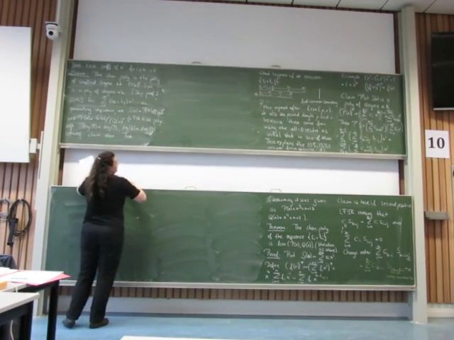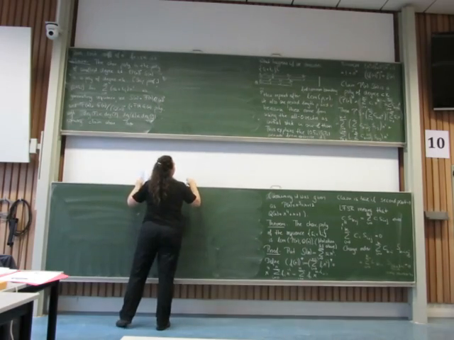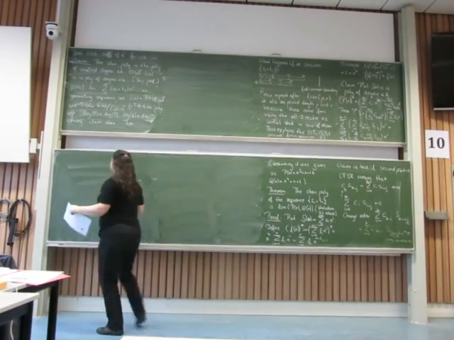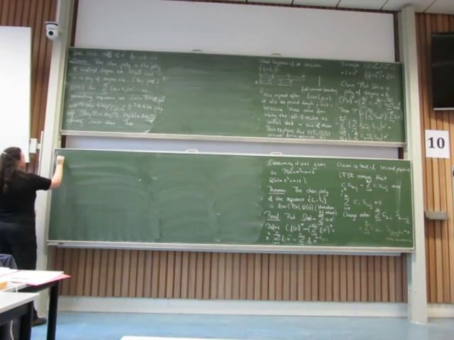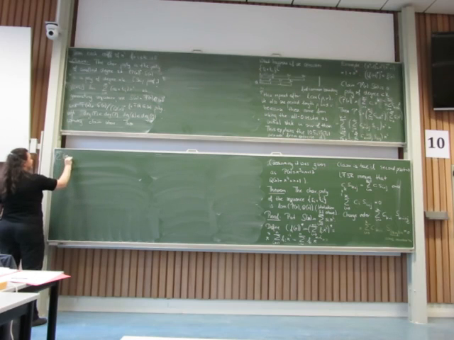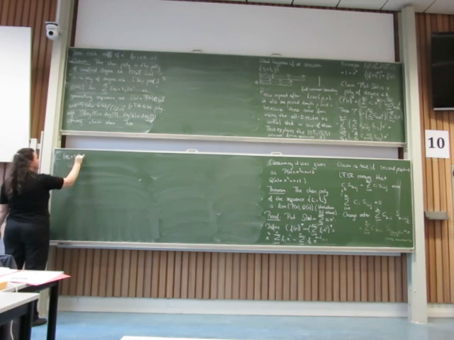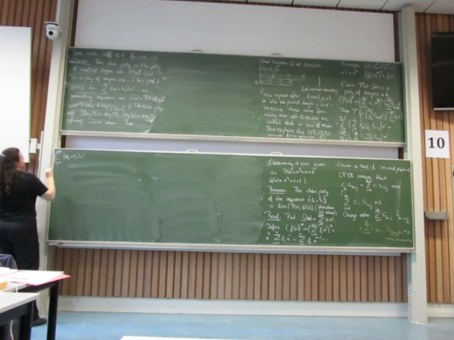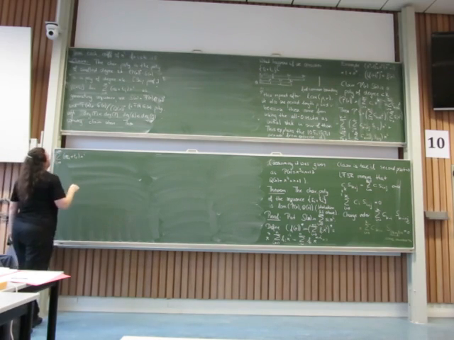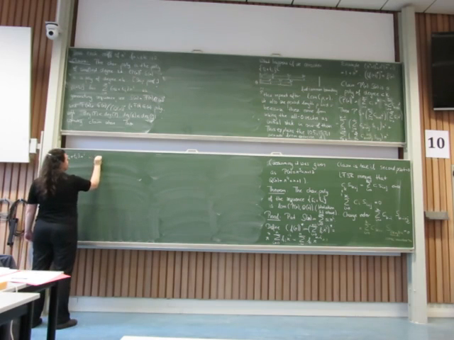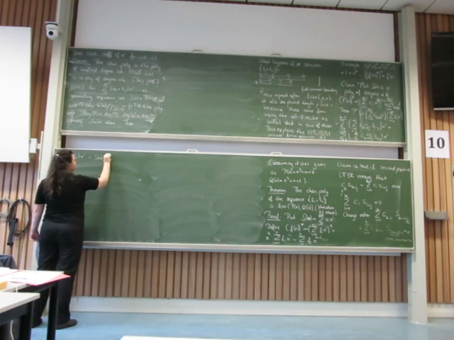Then if I have this sum of (s_i + t_i) x^i, i equals 0 to infinity, that's the same as S(x) plus T(x).